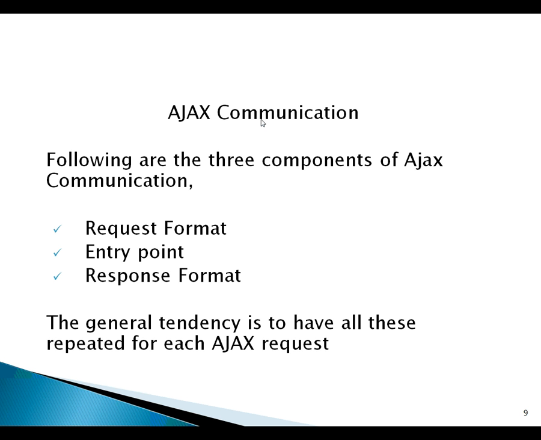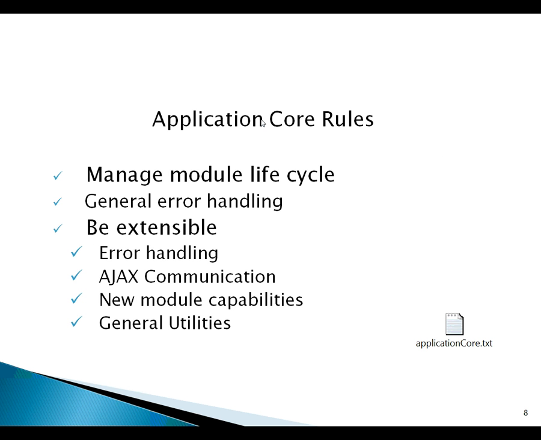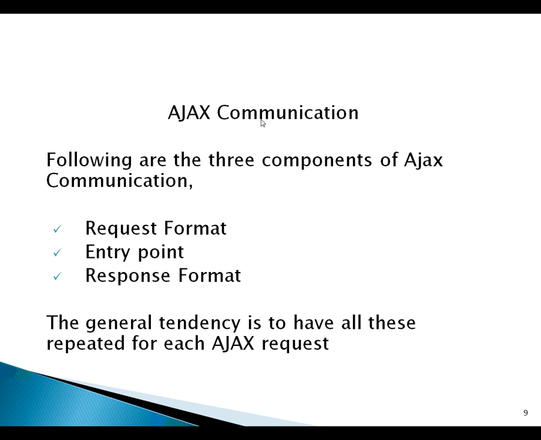And response format is the response of the server for your Ajax request, be it XML or JSON, all these forms as the response formats. So these three things will be repeated in every place an Ajax call is made. Your application core should be extensible enough to address these common issues and keep them in one place.